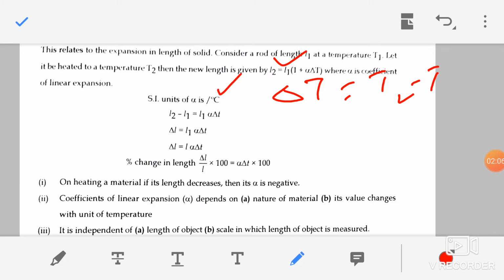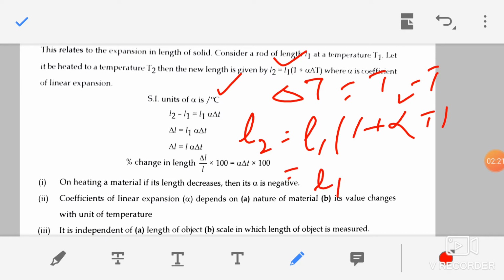Now, from this equation, L2 is equal to L1 (1 plus alpha delta T). If you open the bracket, it will be 1 into L1, that is L1, plus alpha L1 delta T, that is L2.